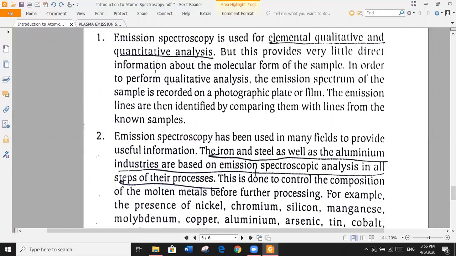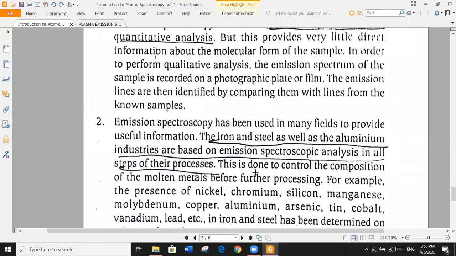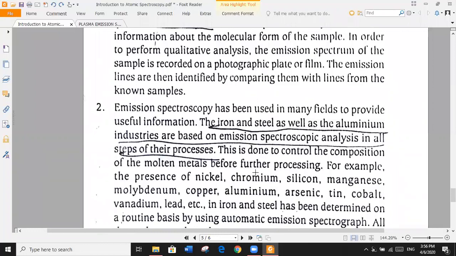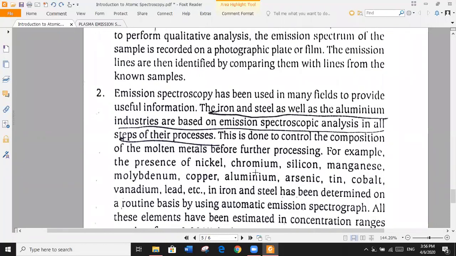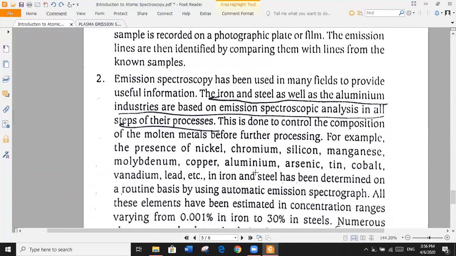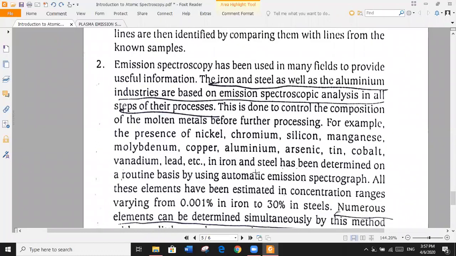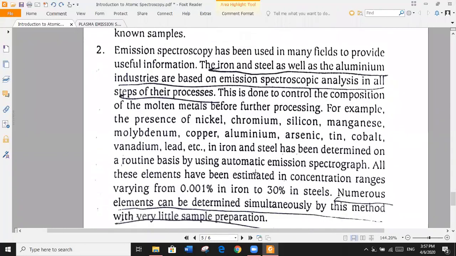For example, the presence of nickel, chromium, silicon, manganese, molybdenum, copper, aluminium, arsenic, tin, cobalt, vanadium, lead, etc. in iron and steel has been determined on a routine basis by using an automatic emission spectrograph. All these elements have been estimated in concentration ranges varying from 0.001% in iron to 30% in steels.